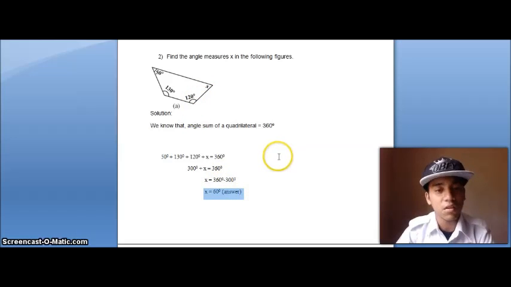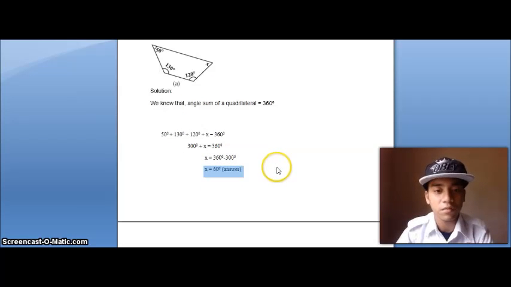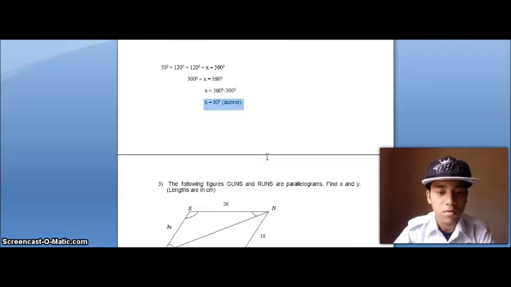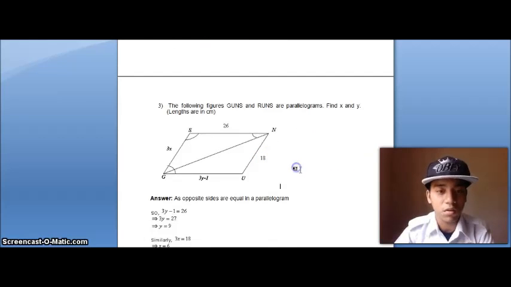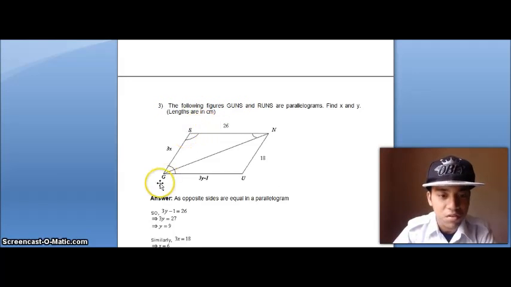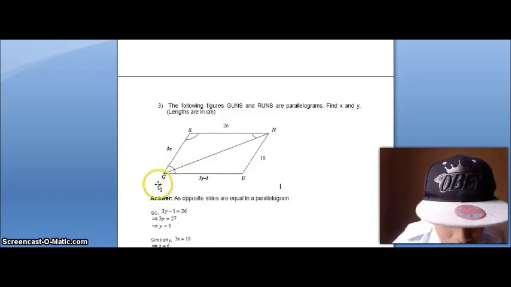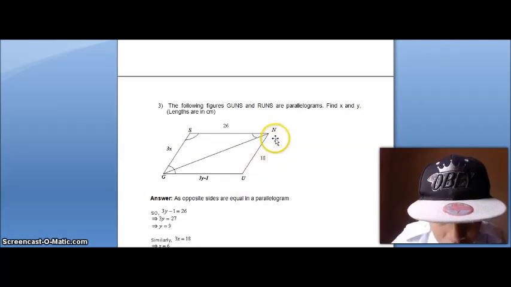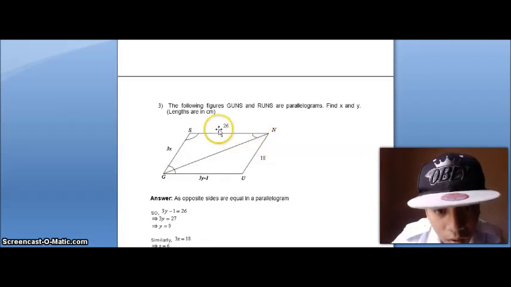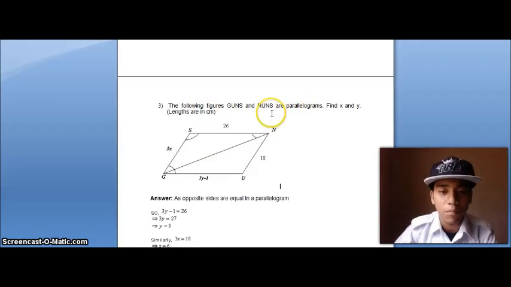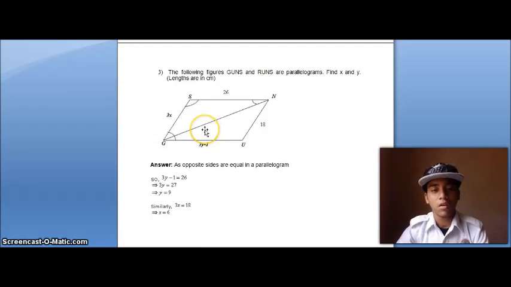Okay, so we go to the next question. It states that the following figures G, U, S and R, U, S, where, oh, I can't see R, never mind, are parallelograms. Find x and y; lengths are in centimeters. This is the second rule. We know that this is a parallelogram, right?